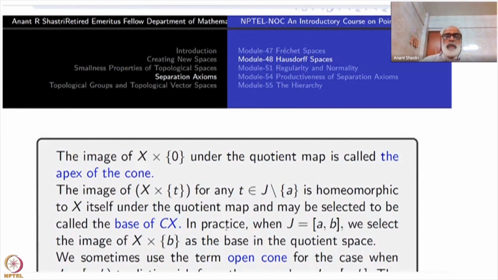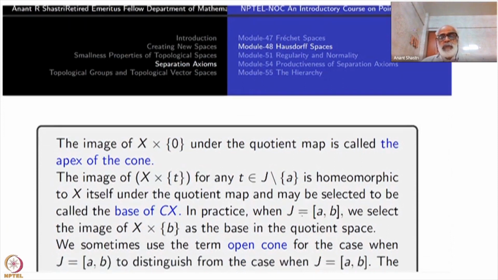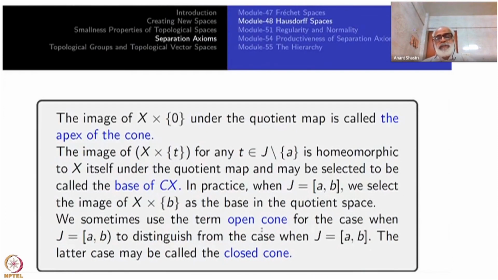In the case of open cones, namely when B is open or B is infinity, there is no definiteness. So there are also these terminologies, open cone and closed cone, depending upon whether you have taken a closed interval or a half open interval.